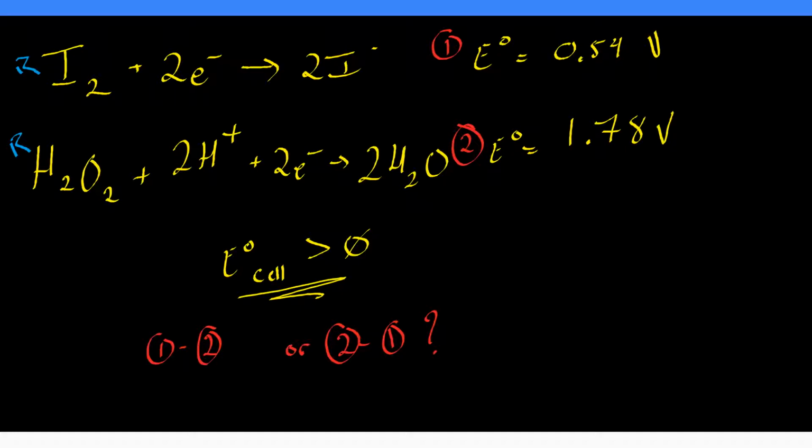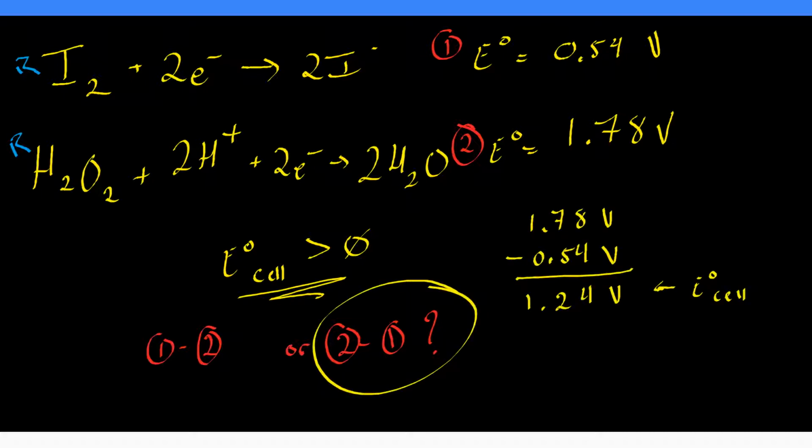Is it 1 minus 2 or 2 minus 1? The answer is going to be whichever one gets us a positive number. So it's going to be the second one minus the first one. Number 2 minus number 1. Because 1.78 volts minus 0.54 volts gets you the potential for the cell, 1.24 volts, positive. Okay? That's all there is to it.